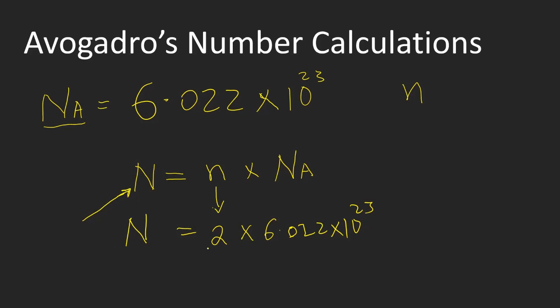So N becomes 1.2 times 10 to the power 24 molecules of CO2. Using this formula, we'll do some more questions.